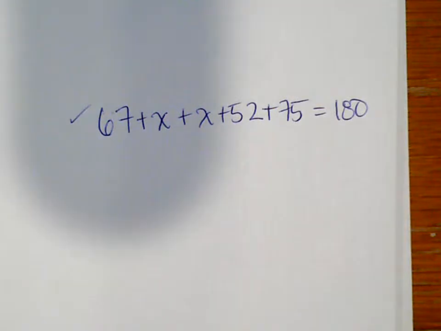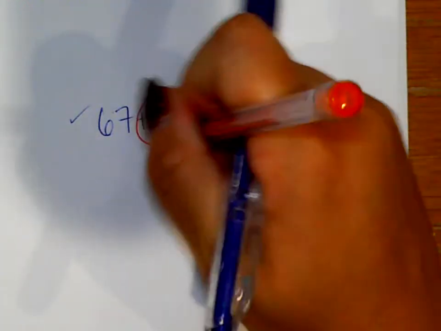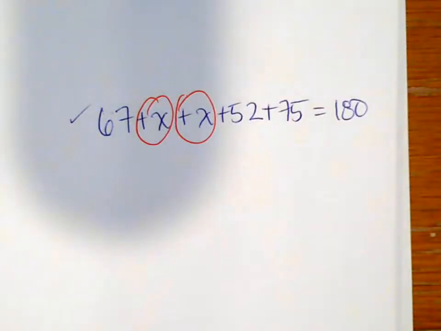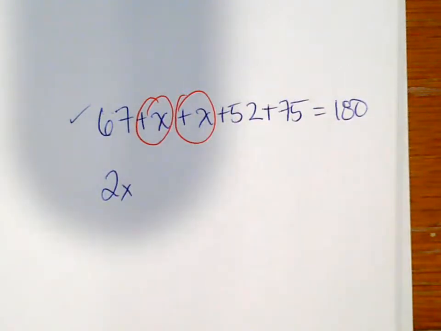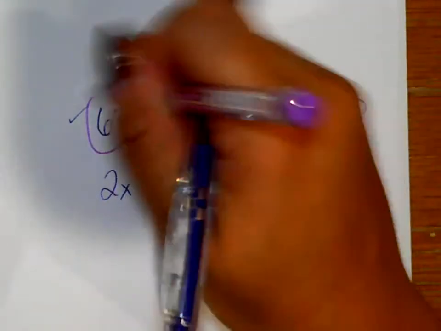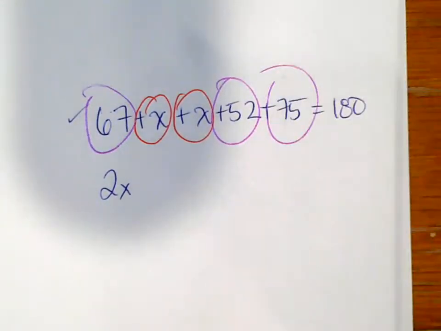For these, I need to combine like terms. Some of you guys forget to combine like terms on a given side. So I have 1x and 2x. I'm going to combine those, so I have 3x. And then I also have 67, 52, 75.